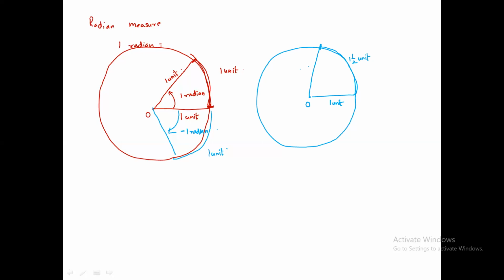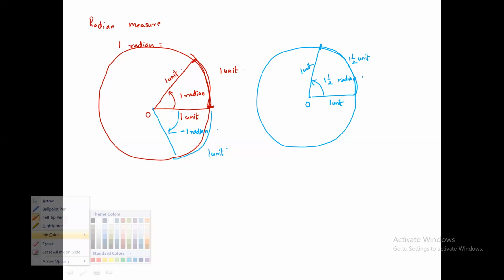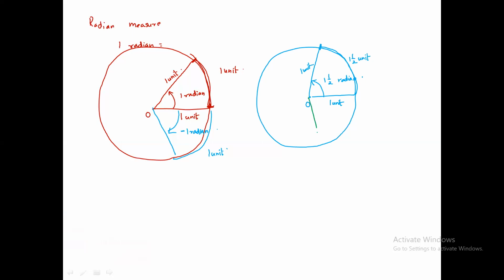Then if you take again one more radius here, 1 unit, this measure will be 1.5 radians. Minus 1.5 radians will be the same measure but in clockwise direction. In clockwise direction, you have to take an arc of length 1.5 unit. This is the radius of 1 unit. So here the angle will be minus 1.5 radians.